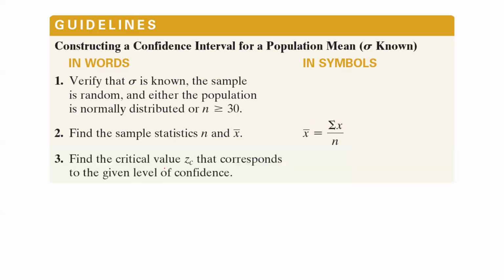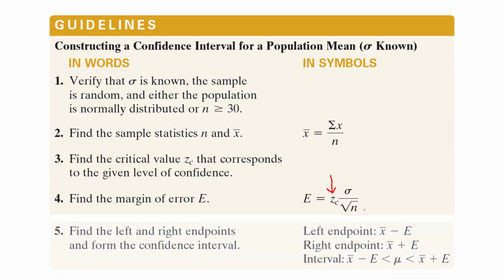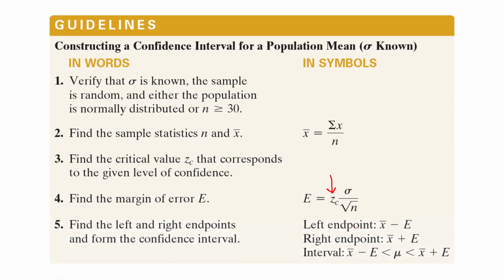Now, find the critical value ZC that corresponds to the given level of confidence. And then, calculate the margin of error E, which is ZC times sigma over square root of n. And finally, find the left endpoint and right endpoint.